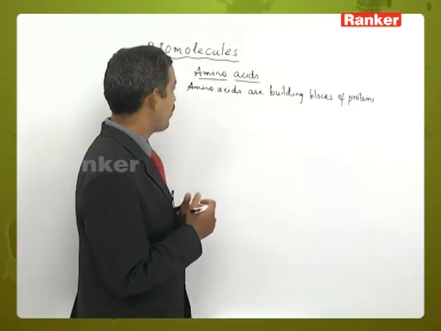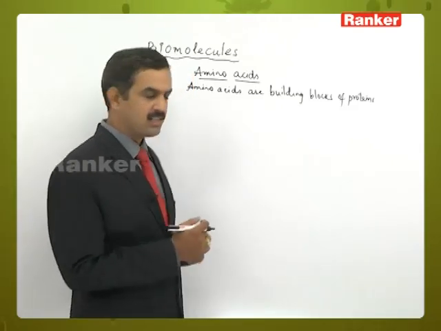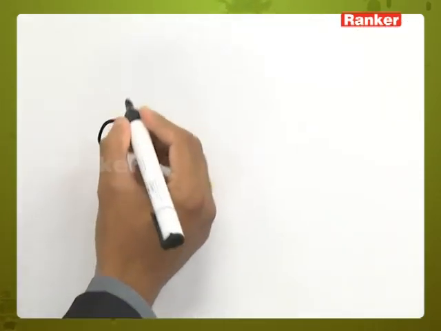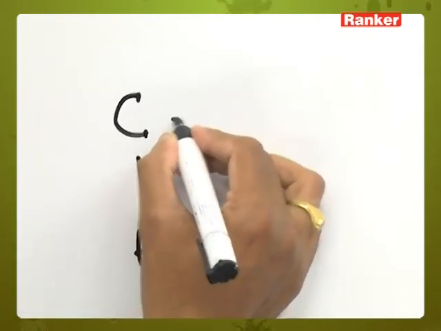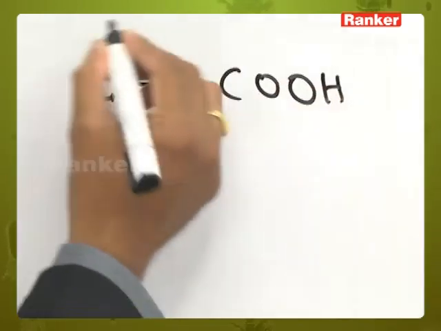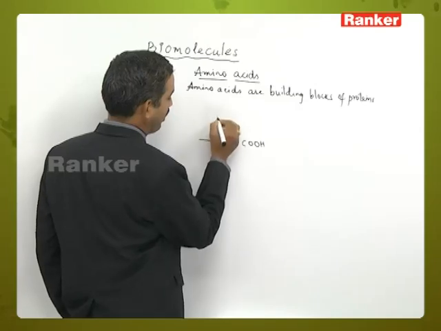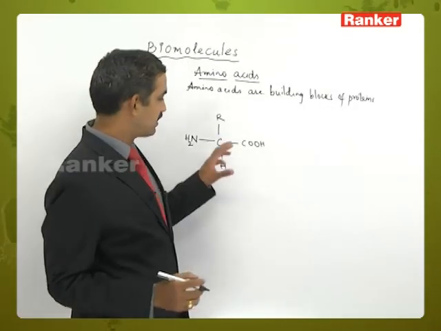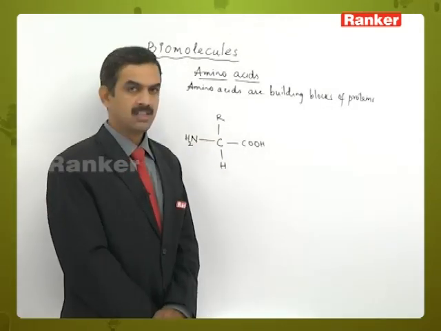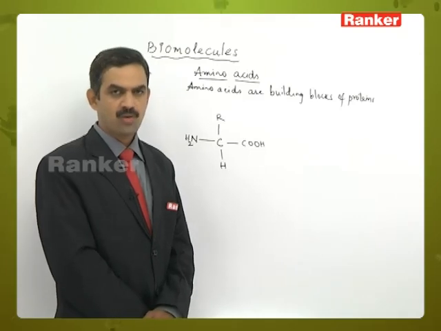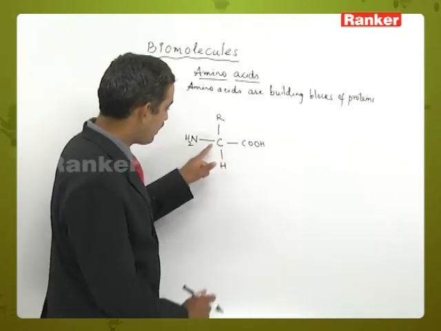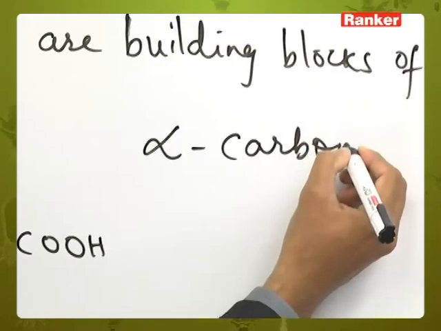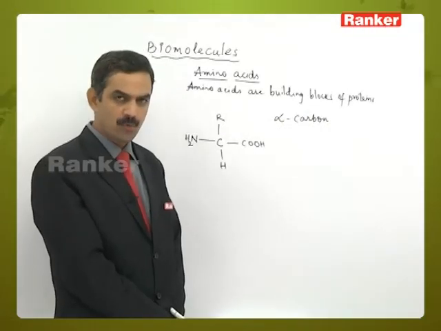In amino acids, we know that carbon is the major element which is present. The central element is a carbon which contains one hydrogen, one carboxyl group, one alkyl group, one amide group. This is the basic structure of any amino acid, and here we call this carbon an alpha carbon because it is attached to the carboxyl functional group.